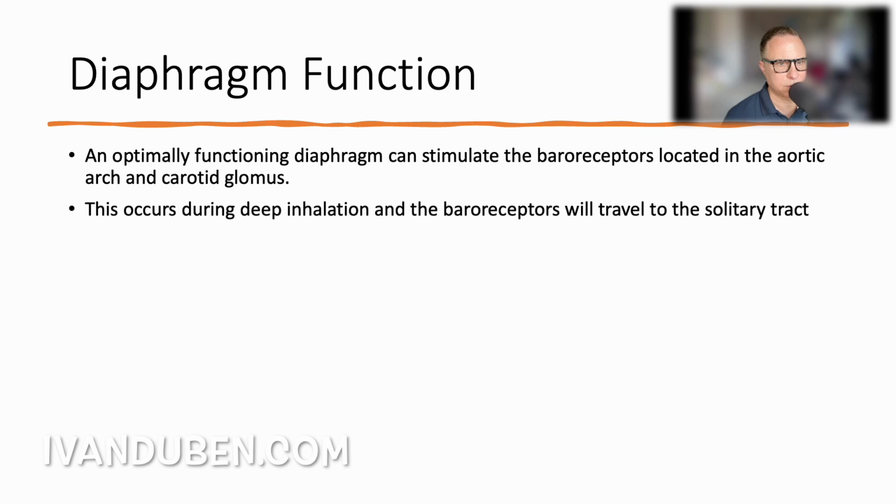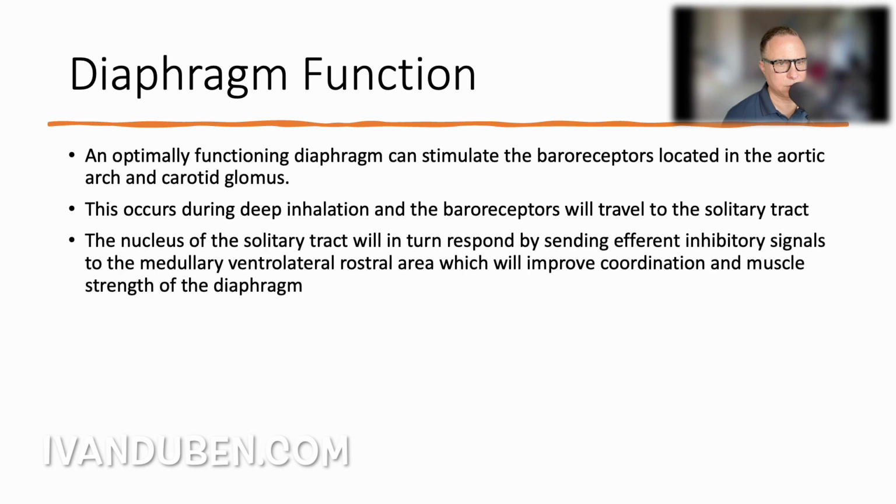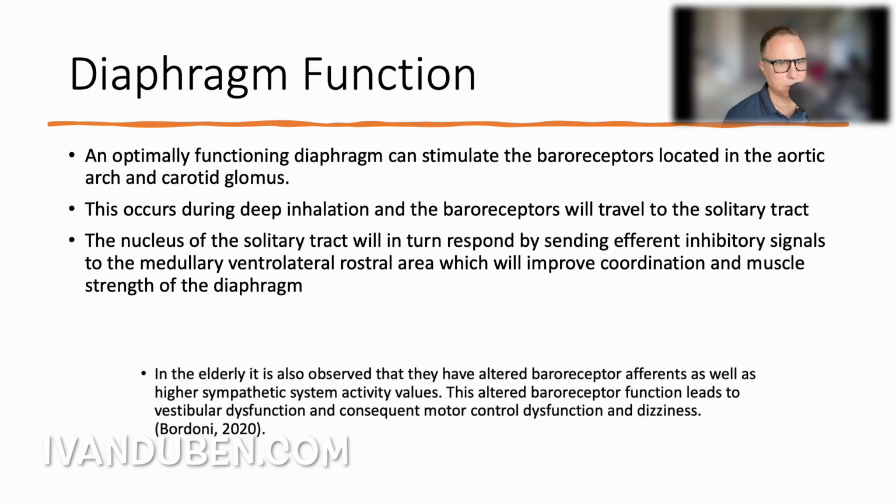This occurs during deep inhalation, and the baroreceptors will travel to the solitary tract. The nucleus of the solitary tract will in turn respond by sending efferent inhibitory signals to the medullary ventrolateral rostral area, which will improve coordination and muscle strength of the diaphragm.